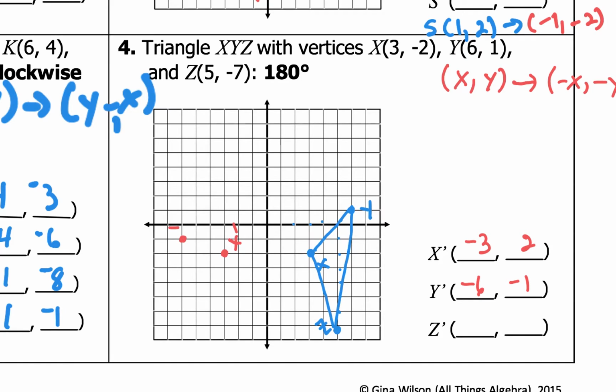So we have Y prime. Z prime is going to be negative 5, 7. So we have 1, 2, 3, 4, 5, 2, 3, 4, 5, 6, 7. So we have Z prime. And so this is going to be a rotation of 180 degrees.